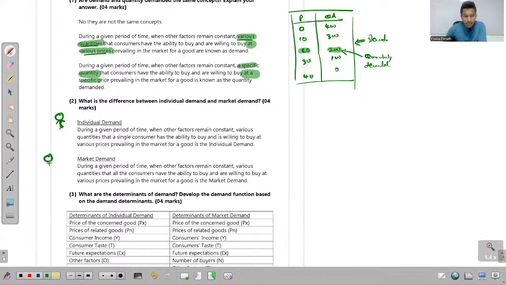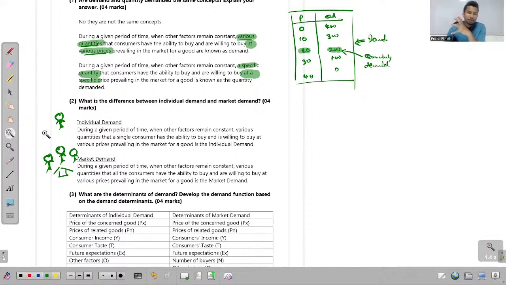Now, for example, if we assume that in a given hypothetical market, we only have three consumers, the demand arising from all these three consumers we recognize as the market demand. And the demand of a selected consumer we recognize as the individual demand. So that is the main difference.